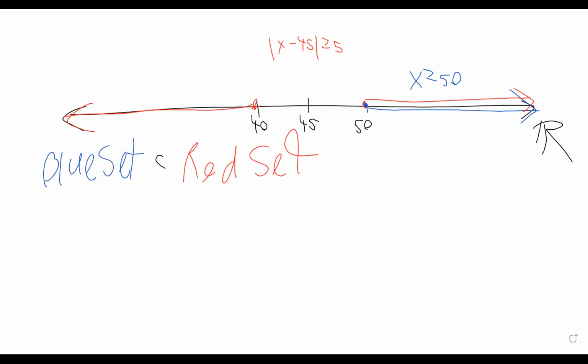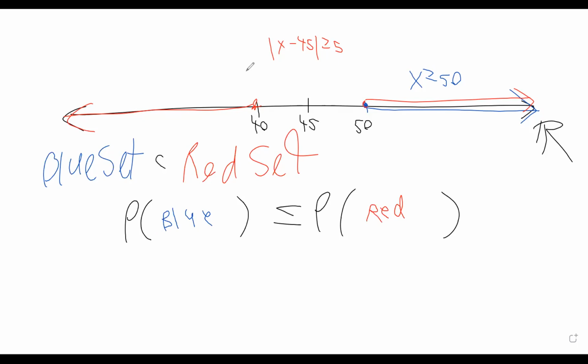So that means that the probability of the blue set is less than or equal to the probability of the red set, because the red set entirely contains the blue one, or the blue one is entirely inside of the red one.